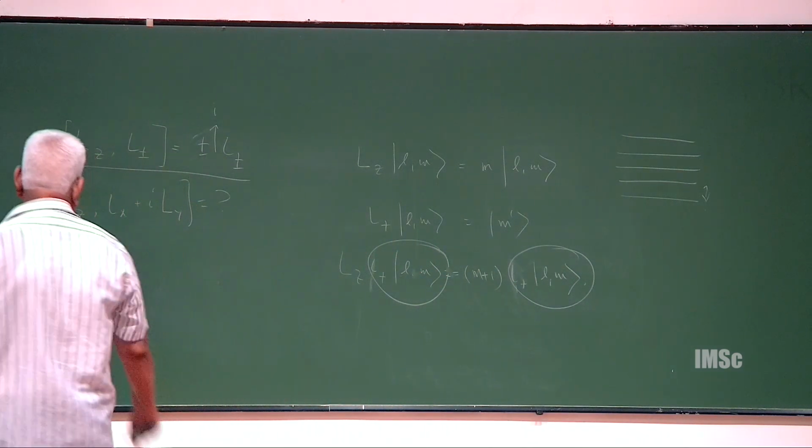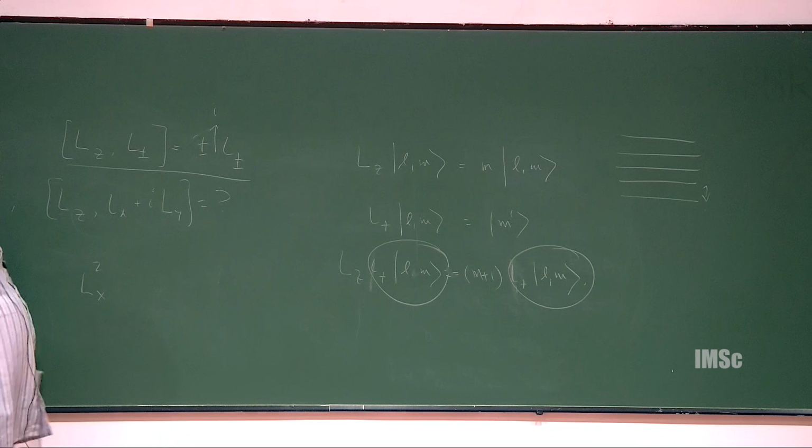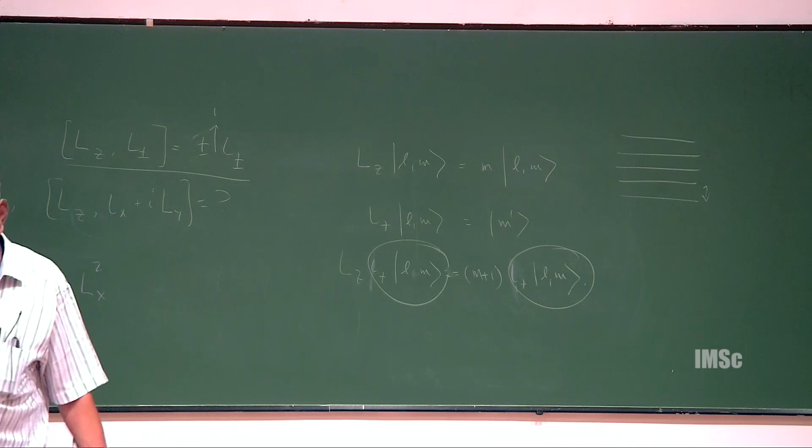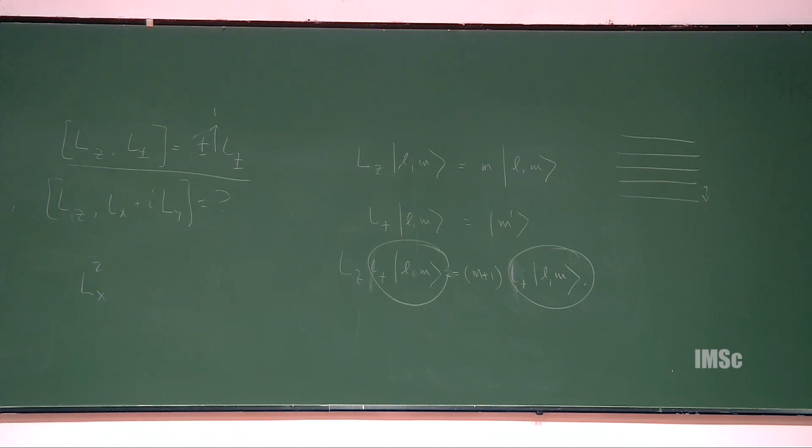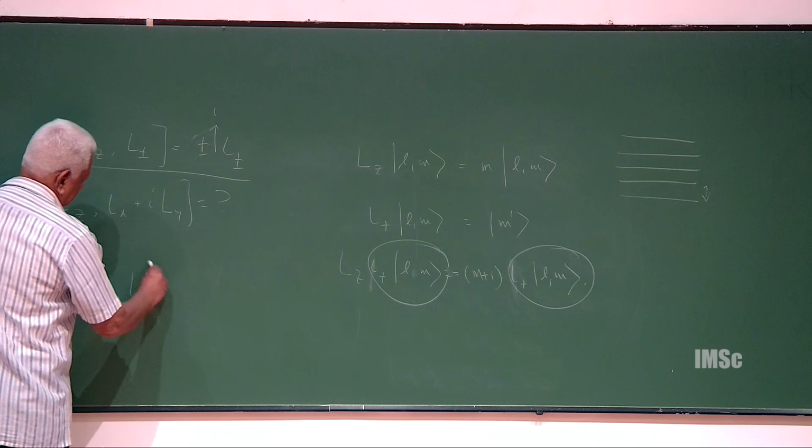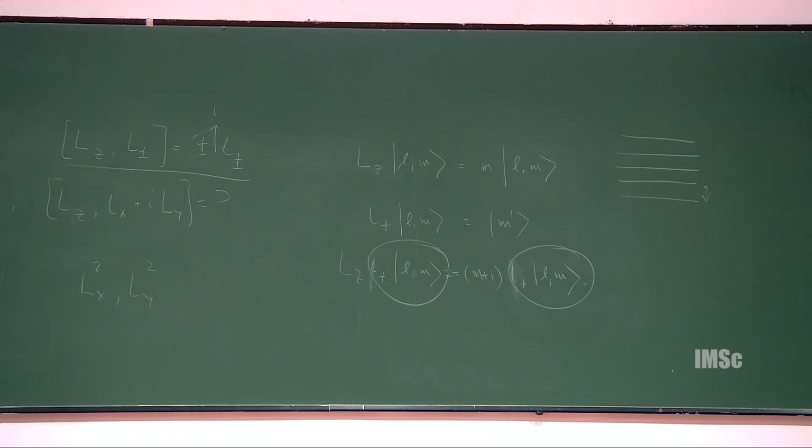This object Lx square, will it have negative eigenvalues? It will not have any negative eigenvalues. That kind of matrix is called a positive definite matrix: if all eigenvalues are positive, it is positive definite. Similarly, Ly square is also positive.